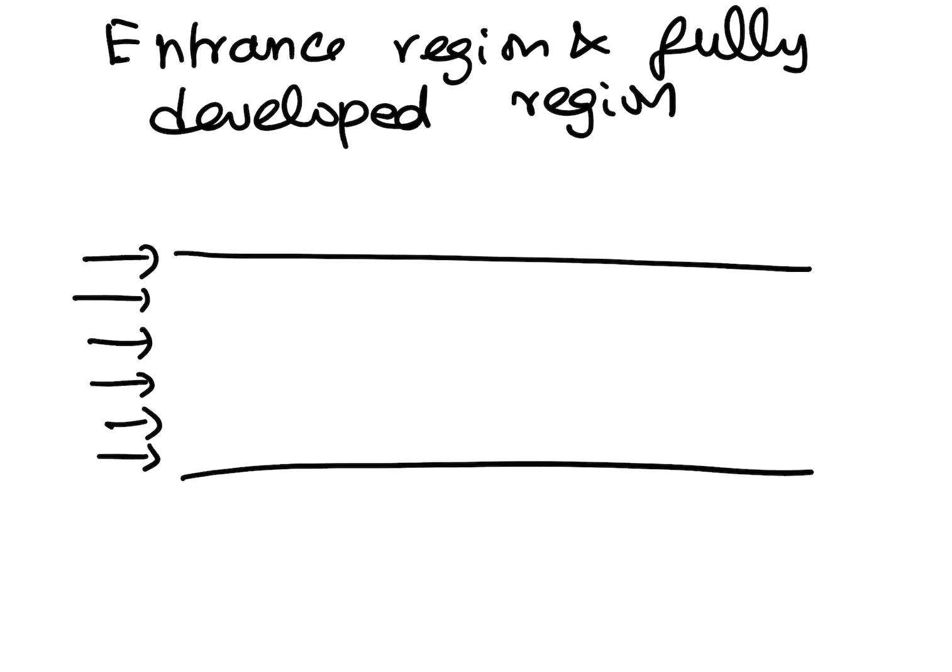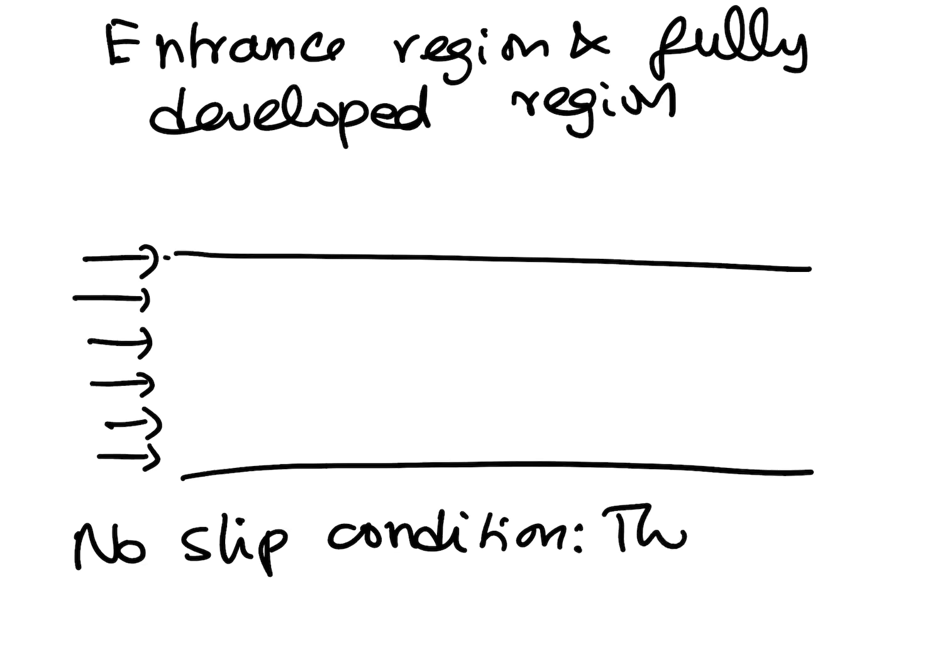Now if you have viscous flow past a surface, we can say that the fluid that is very near to the surface is decelerated by the surface.